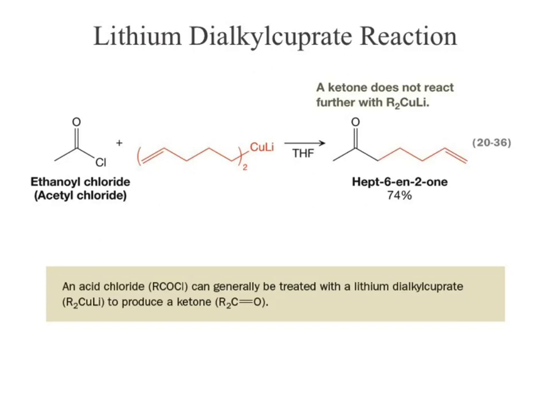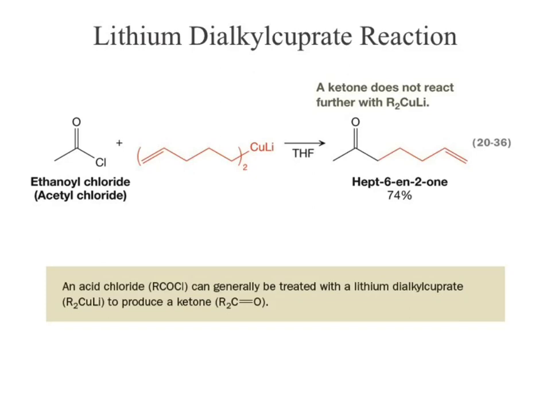We will still get the nucleophilic attack on that acyl chloride because the acyl chloride is very, very electrophilic. The dialkyl cuprate is nucleophilic, but it's not nucleophilic enough to react with the ketone, which means the reaction stalls and we just stop there.